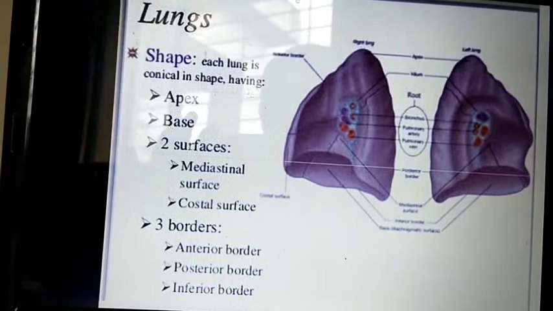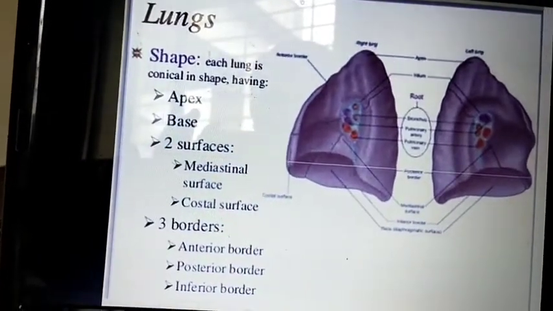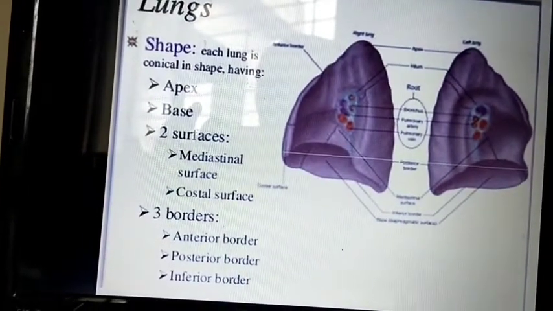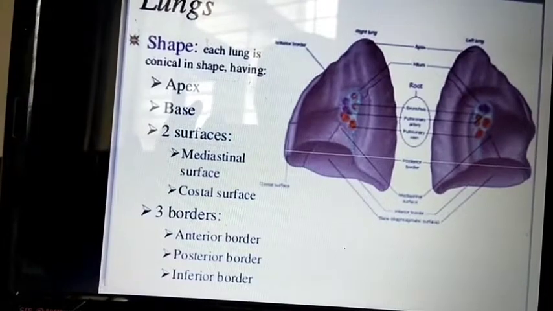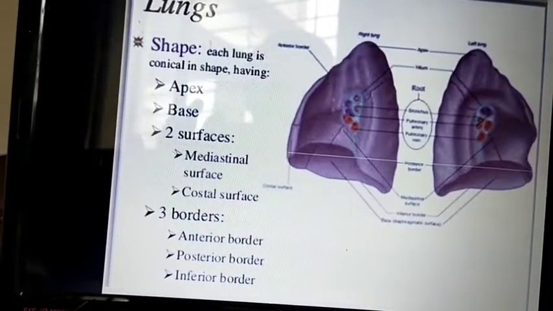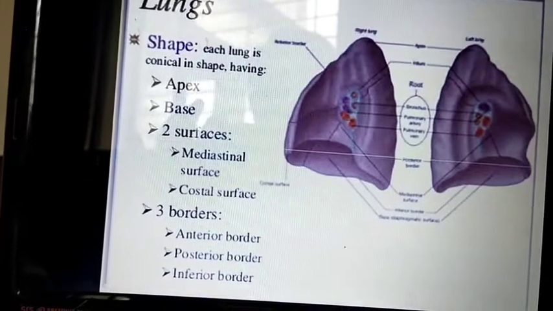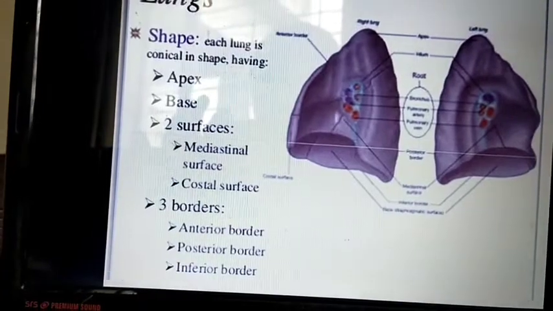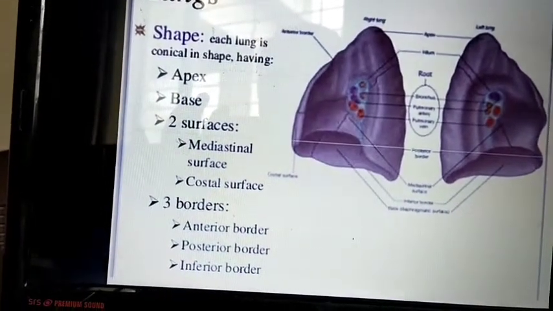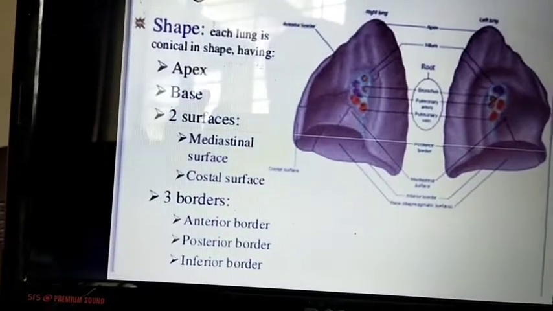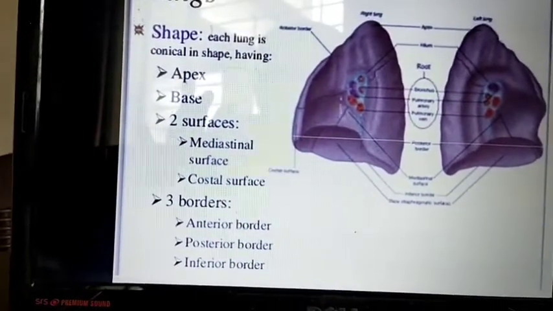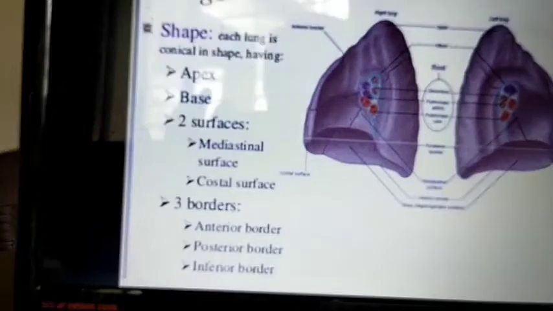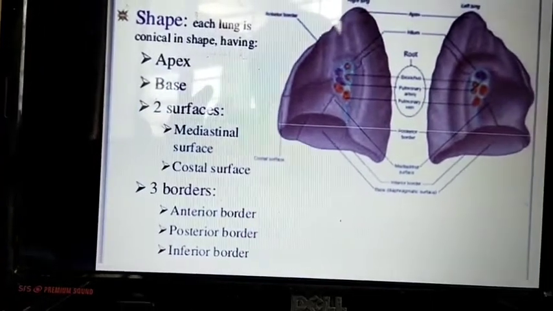The costal surface is the surface covered by the costals, which means the ribs. The costal surface is the outer side surface, and the mediastinal surface looks towards the mediastinum.